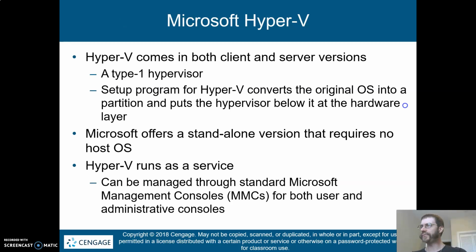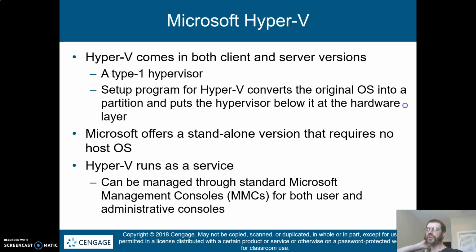And then finally, Hyper-V. Hyper-V can be both a client and a server. As a client, it's kind of a type 2. As a server, it's type 1. With server type 1, you definitely need a Windows Server operating system. There's actually a Hyper-V role in Server 2016 and Server 2019. It runs as a service. You can use your MMCs to tie into it.